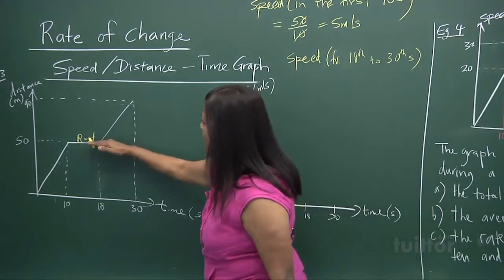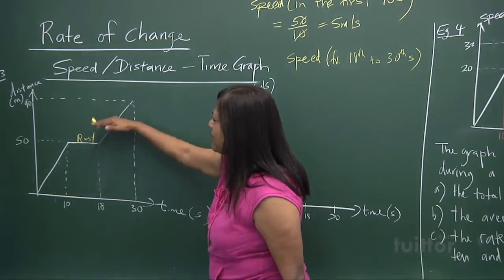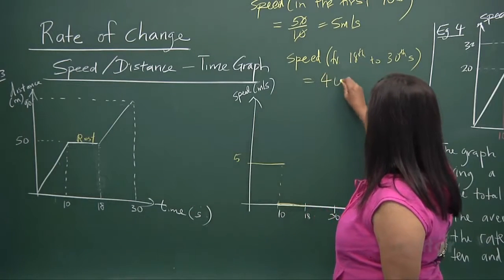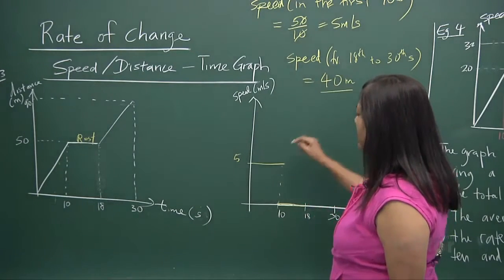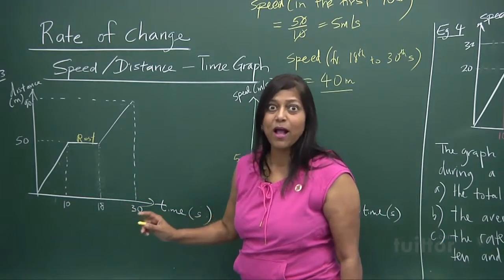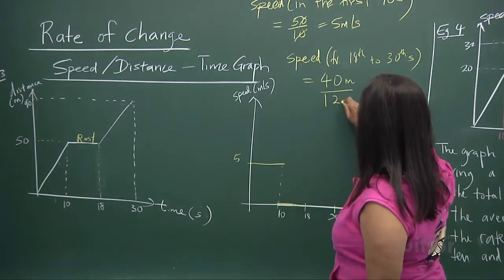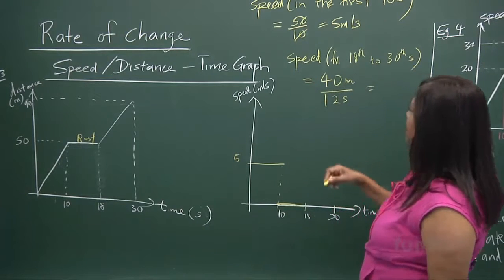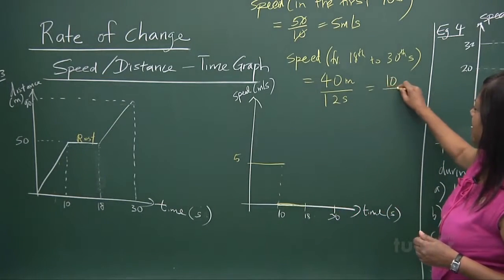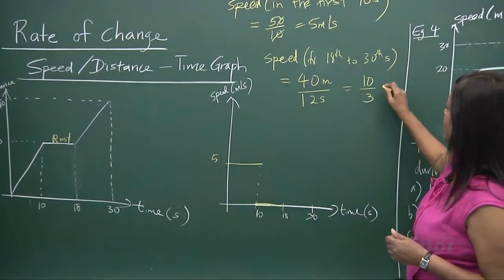The distance traveled from 50 to 90 is 40 meters, and the time from 18 to 30 is 12 seconds. So if you divide by 4, you get 10 over 3.